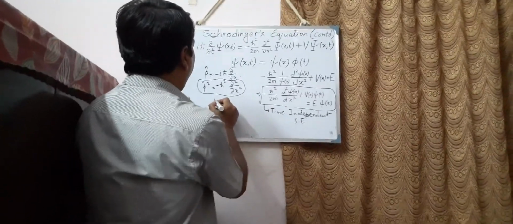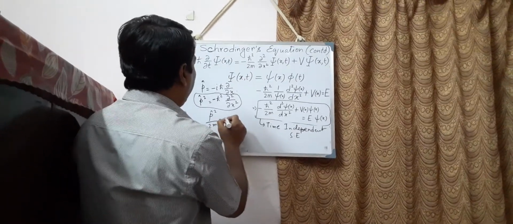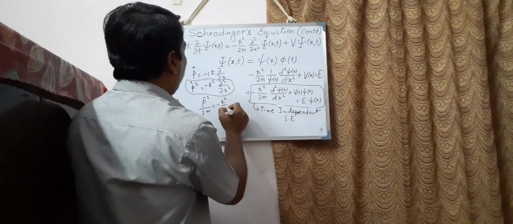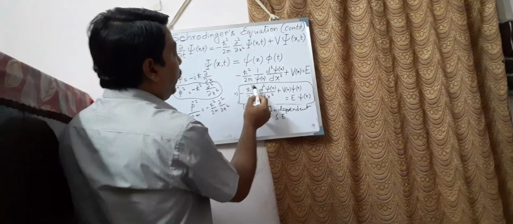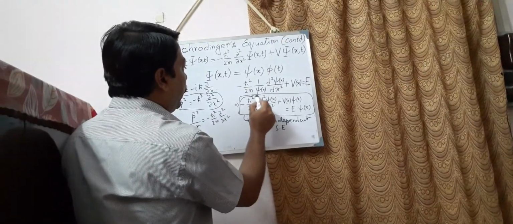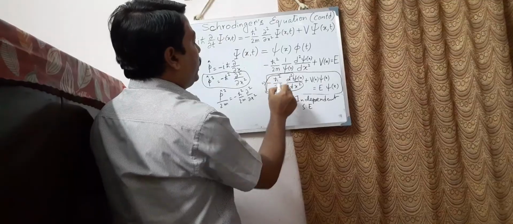This is your p square operator. Now p cap square by 2m is minus h bar square by 2m del 2/del x square. You see this thing that I have here, minus h bar square by 2m d2/dx square.